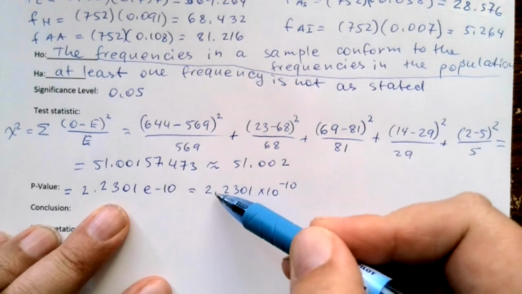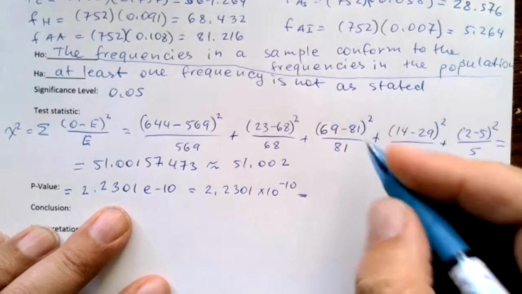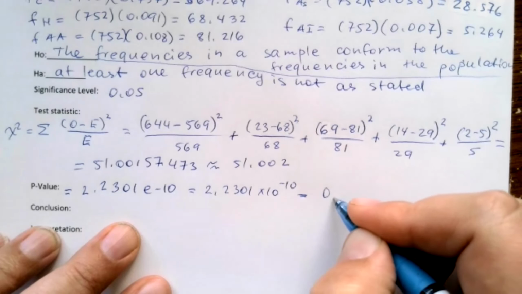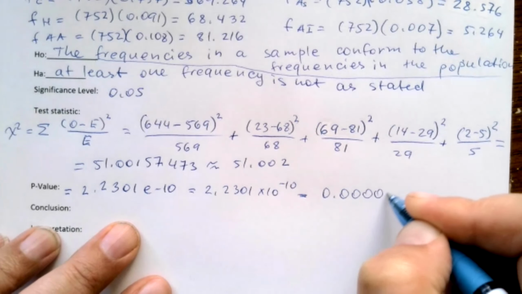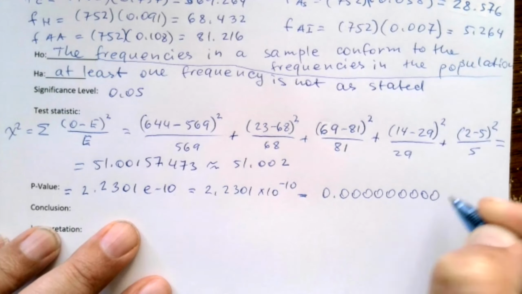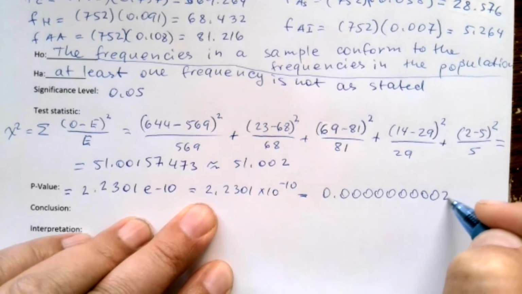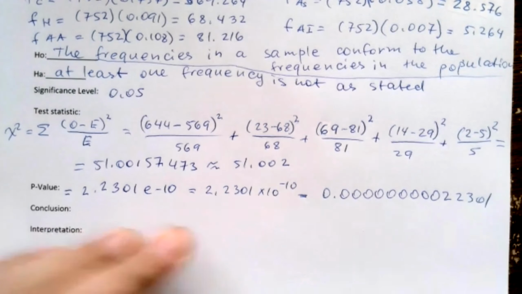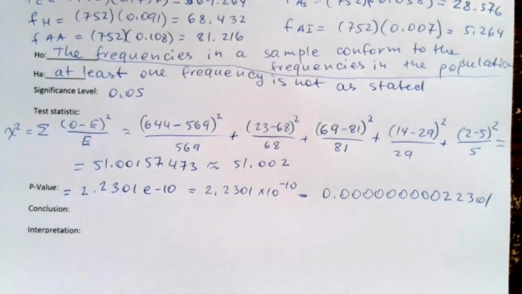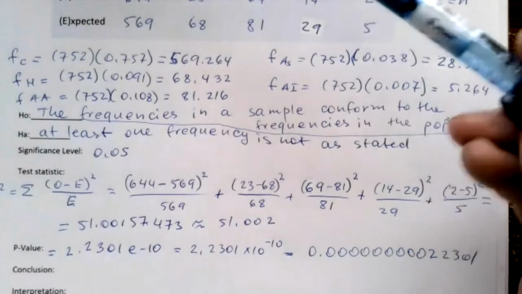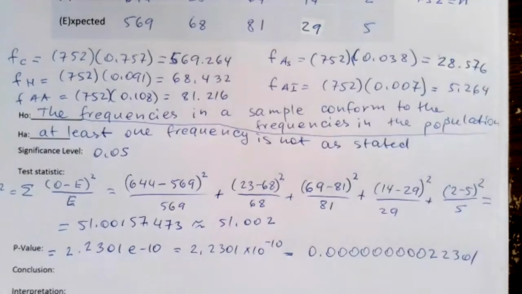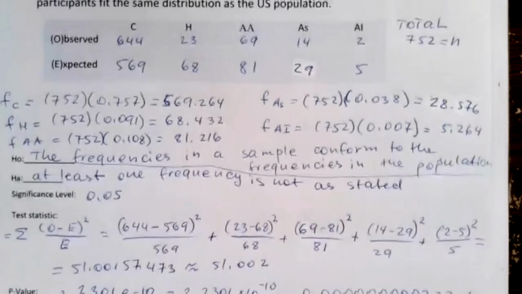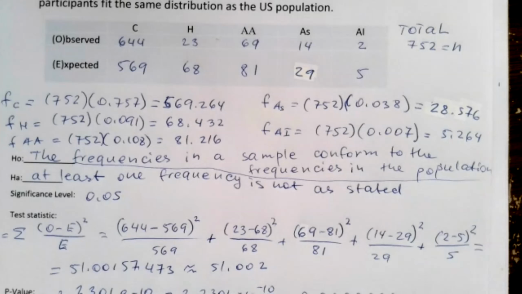So I have 0 and then 1, 2, 3, 4, 5, 6, 7, 8, 9, and then 2, 2, 3, 0, 1. As you can see, this is a very, very small p-value. So the probability of this difference happening without a design is actually minuscule, like non-existent.